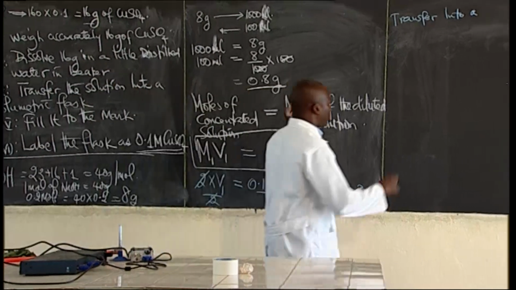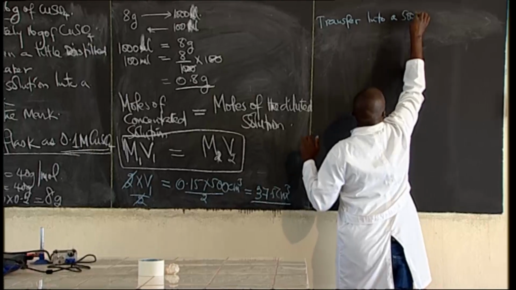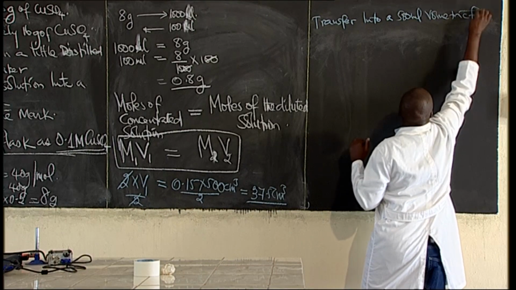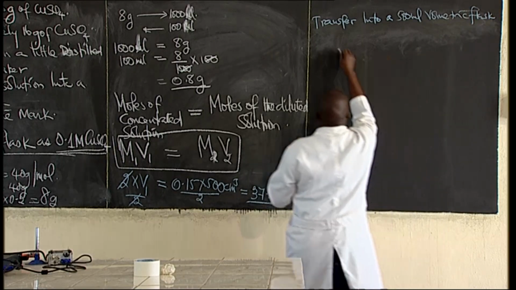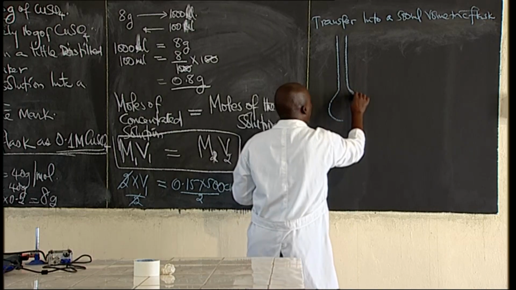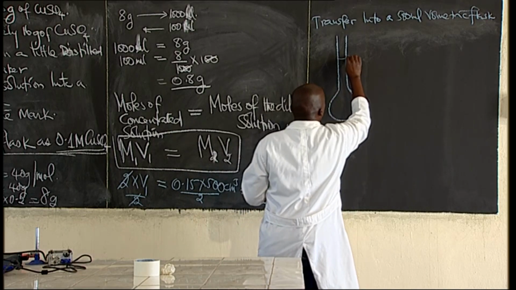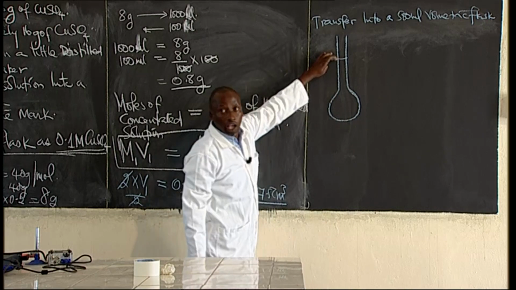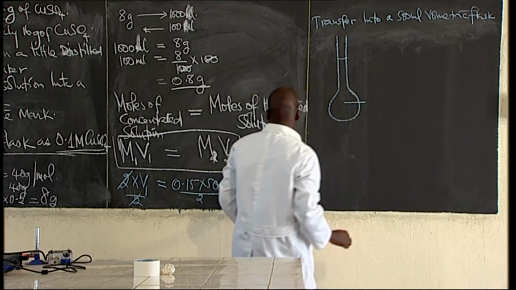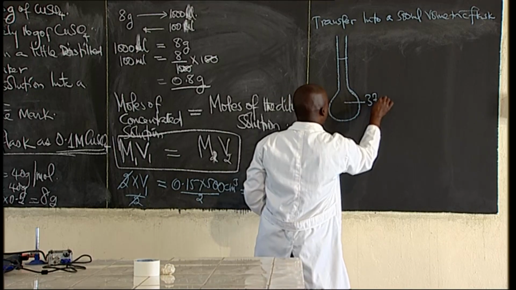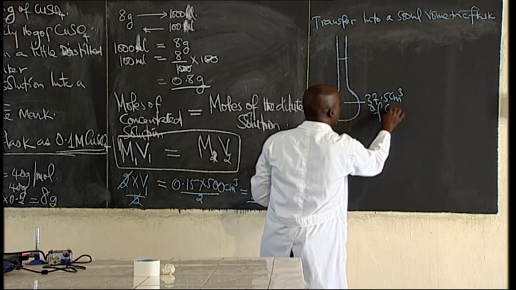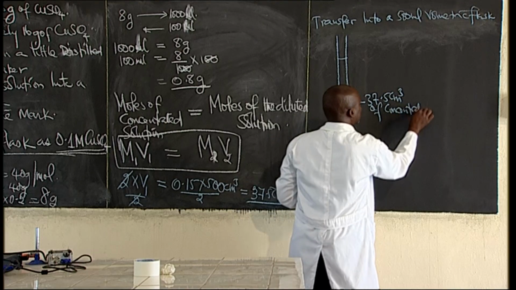So into a 500 milliliter volumetric flask. Maybe the volumetric flask looks like this, and 500 stops here on this mark. So you have added 37.5 cubic centimeters of concentrated sulfuric acid.